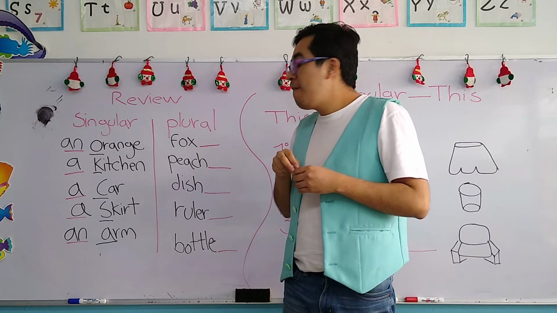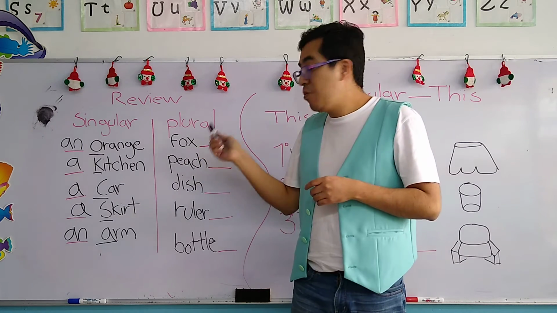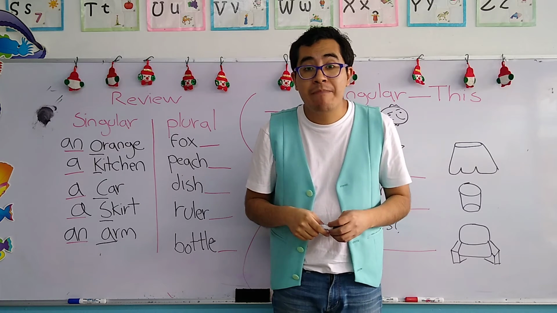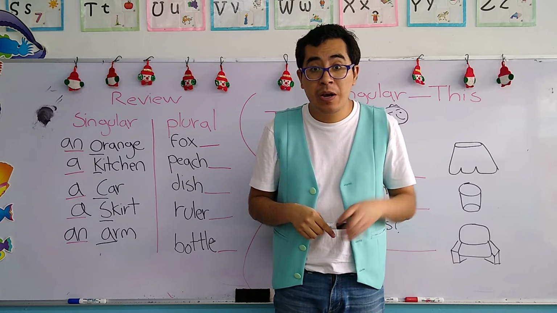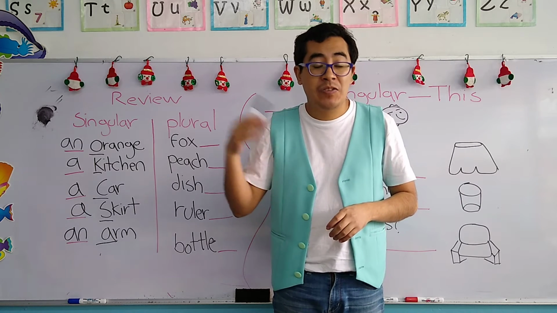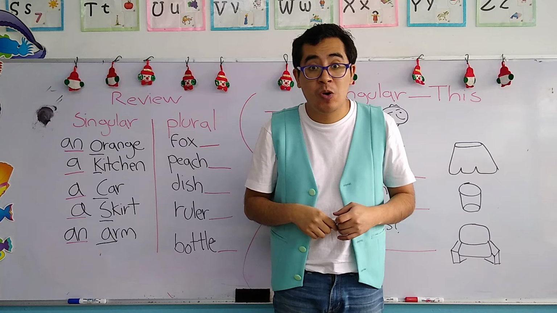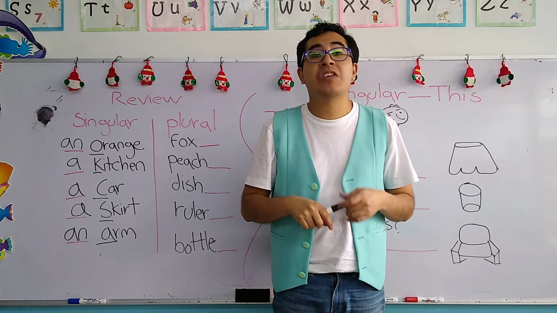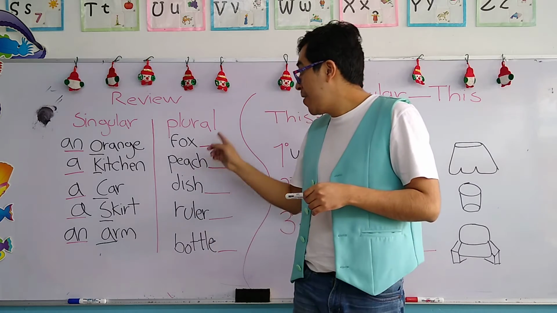The word fox. Now this is a new word for you. Fox is an animal. It looks like a dog, but it's not a dog, okay? The fox in Spanish is un zorro, okay? And the word zorro in English with the teacher is fox, okay? Very good.